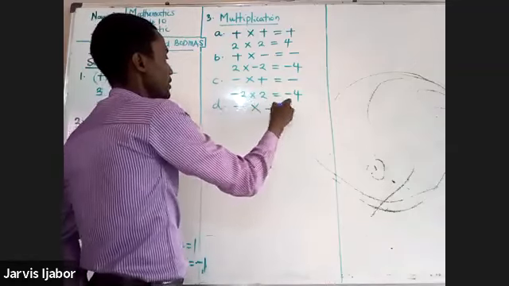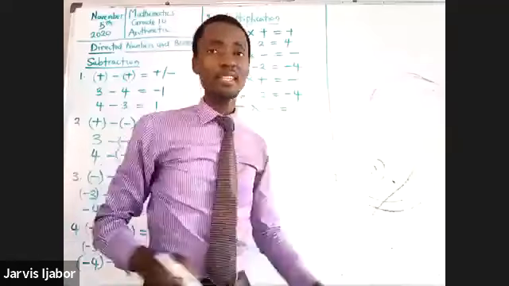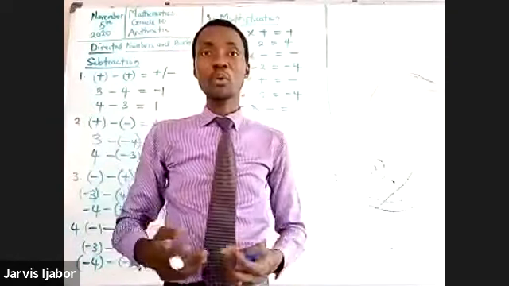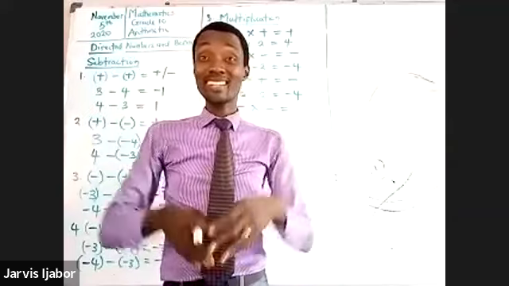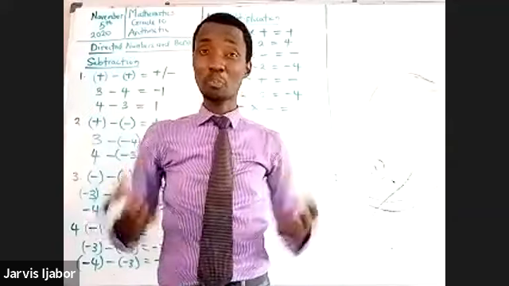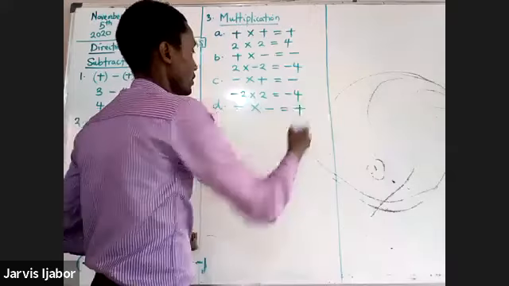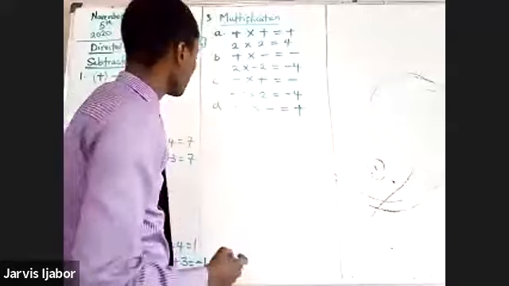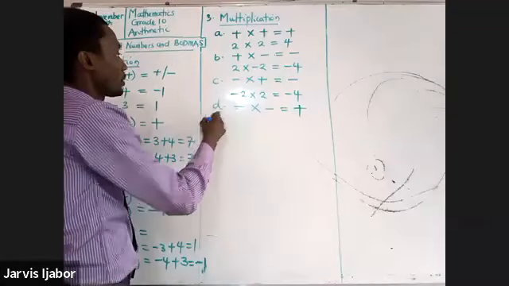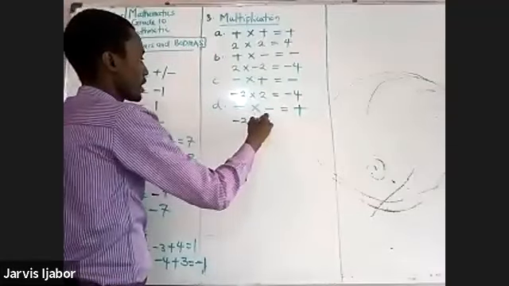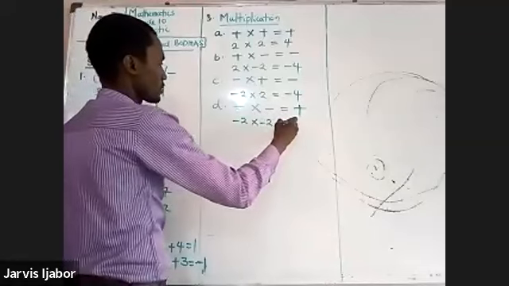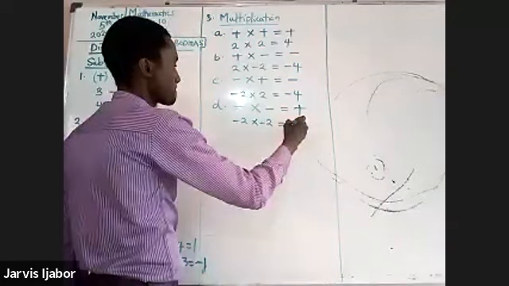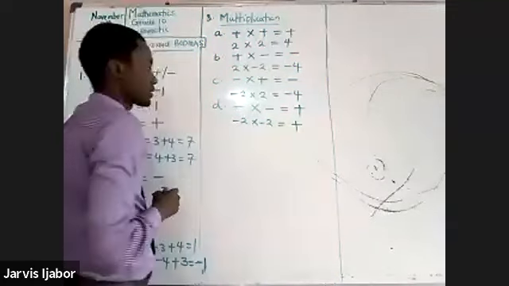I have negative times negative. Now, when negative meets with itself, especially in the realm of multiplication, what happens is that there's a new reality, and that is what? Positive. When negative encounters itself, the answer must be what? Positive. So let's take an example, negative 2 times negative 2 is equal to what? Positive.